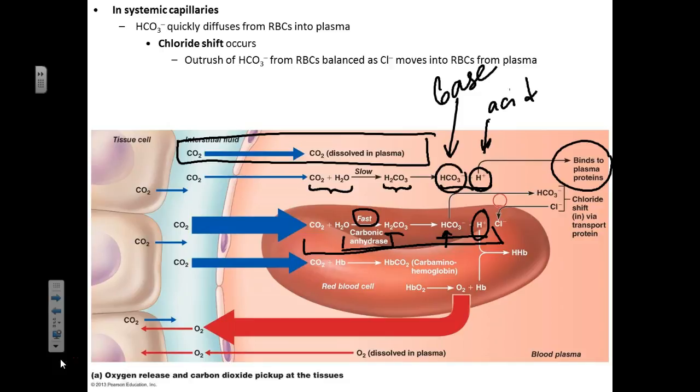The proton that is formed as part of the process inside of the red blood cell has to be bound by some protein. What is the most abundant protein in the red blood cell? Hemoglobin. Hemoglobin will bind the proton and form some other entity here.